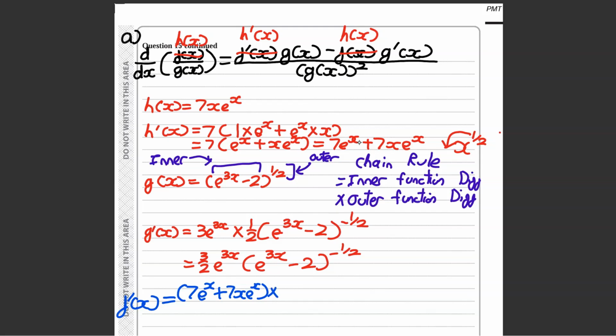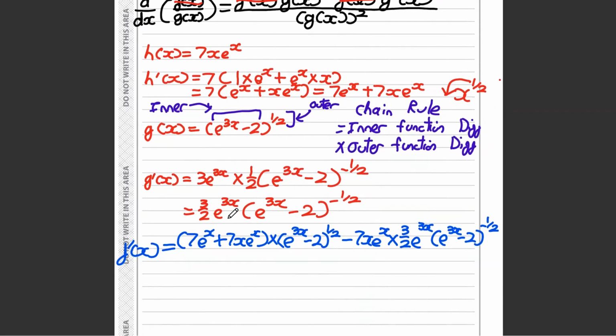And then this is multiplied by g of x, which is this e to the power of 3x minus 2 to the power of a half. And then this is minus h of x, which is this 7x e to the power of x, multiplied by g dash of x, which is this 3 over 2 e to the power of 3x, e to the power of 3x minus 2 to the power of minus a half.